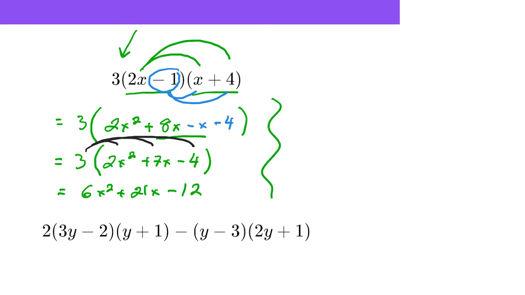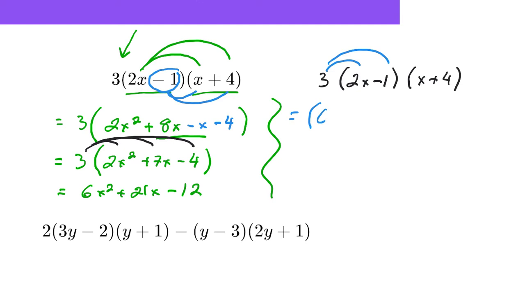I'm just going to show you what happens if you do exactly the same question, but multiply the 3 first. So same question, we should get the same result. So in this instance, I'm going to take the 3 and distribute into the first bracket. So I will get 6x minus 3.